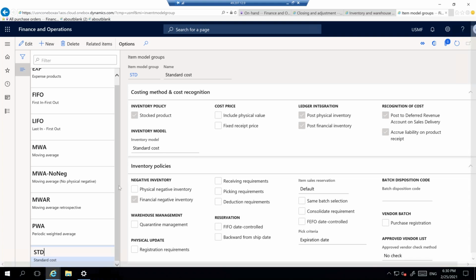I need to explain this item model group in detail. We'll continue on Monday at 6 a.m. IST. I'm stopping here for today. These 4 checkboxes are related to financial postings, and the remaining ones, of course, these 2 are related to inventory closing.